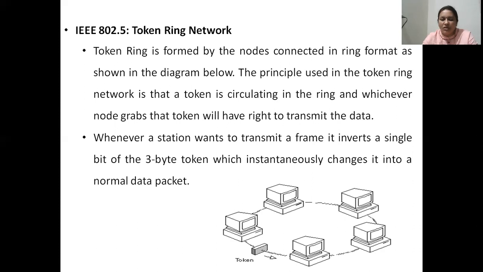Whichever node captures or grabs the token will have the right to transmit data. Whenever a station wants to transmit a frame, it will invert a single bit in the 3-byte token, which will change it into a normal data packet, and data transmission can be started.